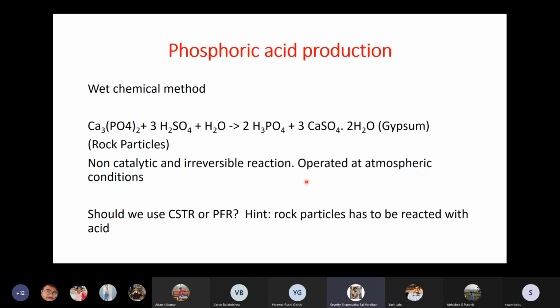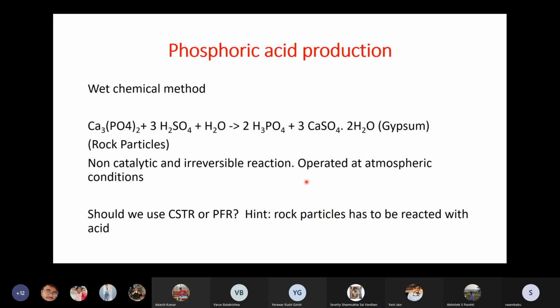Yes, the rocks might settle. Since rock particles are not in a nanoscale, they will settle. So mixing is required, no? Although mixing is energy intensive compared to PFR, mixing is imperative, right?